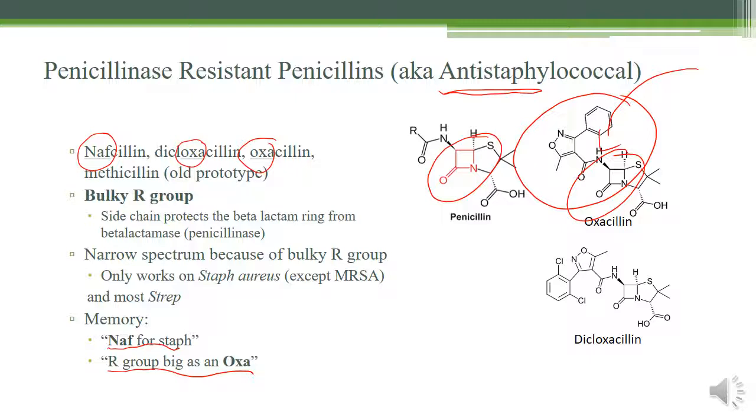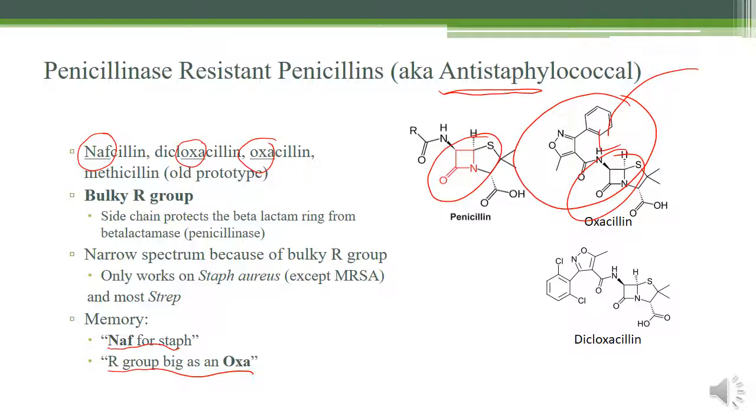Now, what you want to know is that while this does give you natural resistance to the beta-lactamases, it does not seem to work on gram-negatives anymore. It's just a trade-off, because the R groups are so big, they will not fit into the gram-negative walls. They're only going to really work on the gram-positives such as Staph aureus. Now, there is an exception to that.